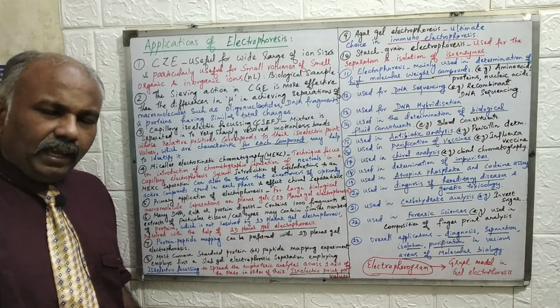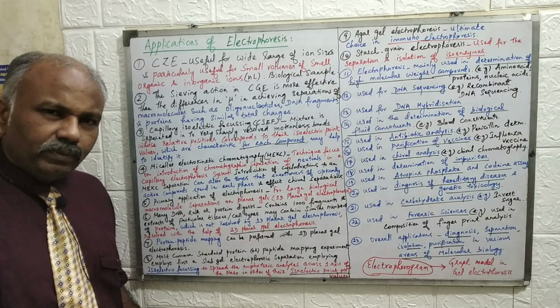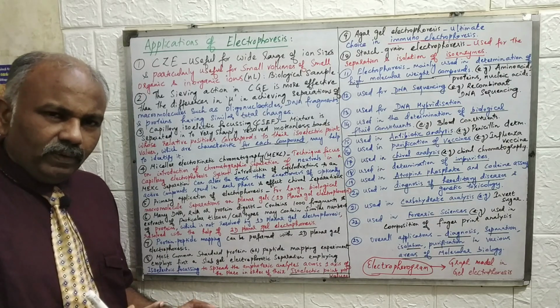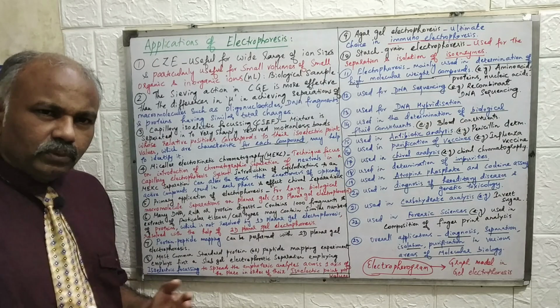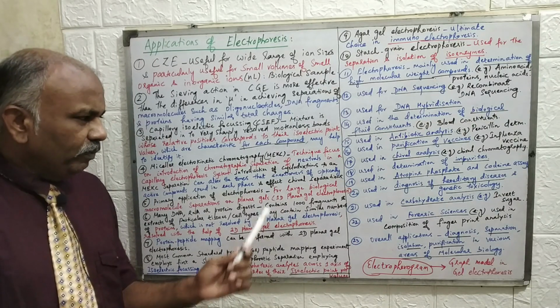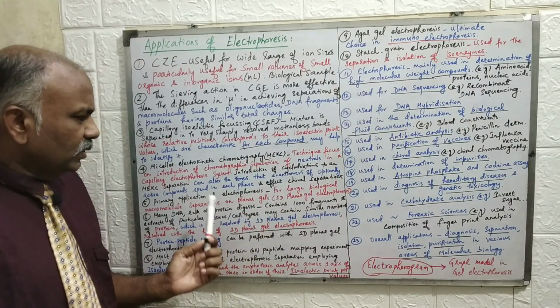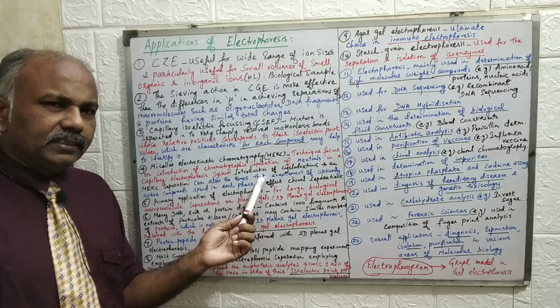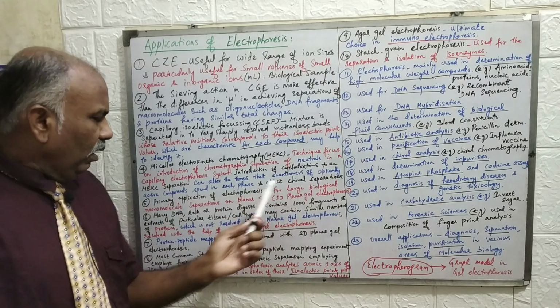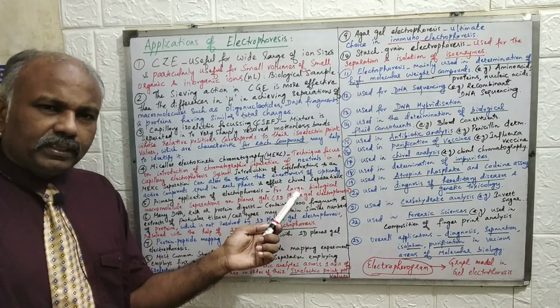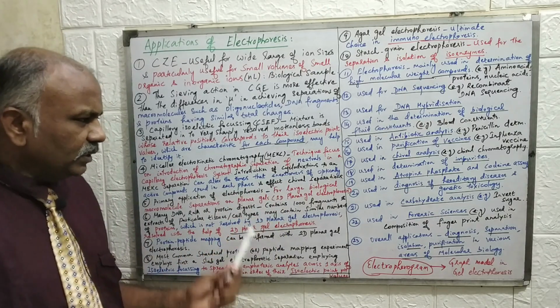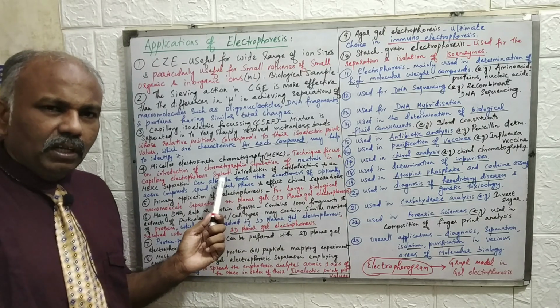So particularly in chiral chromatography, the stationary phase we are using is cyclodextrin. There are different forms, plus form, minus form, different optically active enantiomers we use as a stationary phase. So if you use cyclodextrins here, they can change the times that enantiomers of optically active compounds spend in each phase and affect the chiral separation. So this is also one of the important applications of electrophoresis.